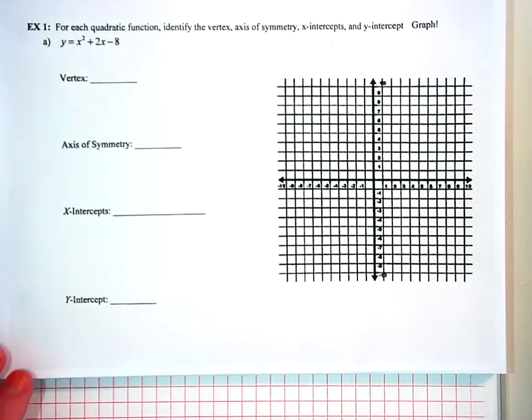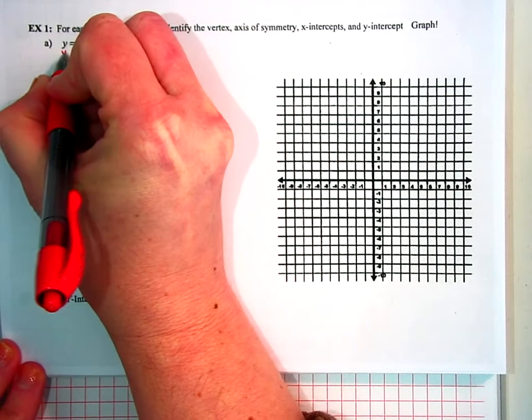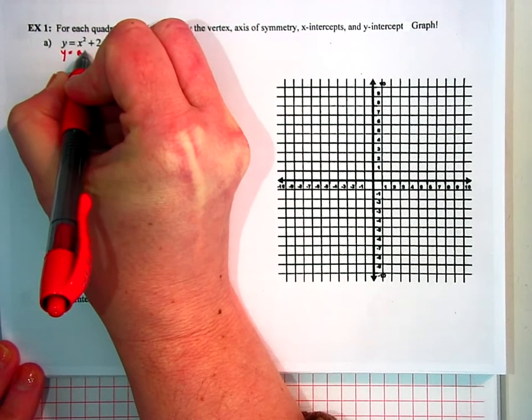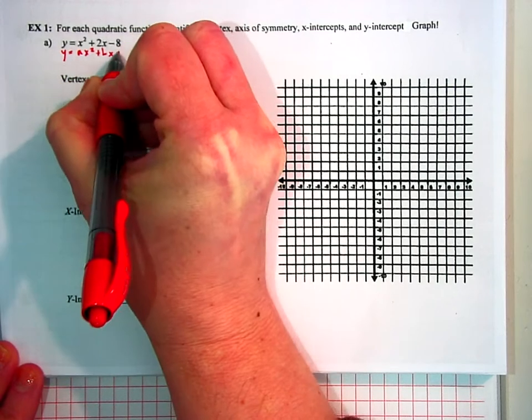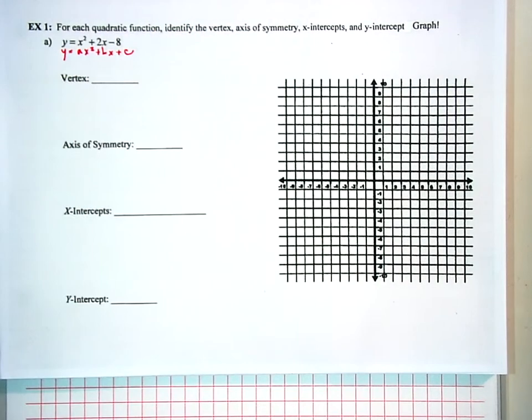If I write out the standard form, it would be y equals ax squared plus bx plus c, just like that. Okay, so we know that the a value is 1, the b value is 2, and the c value is negative 8.